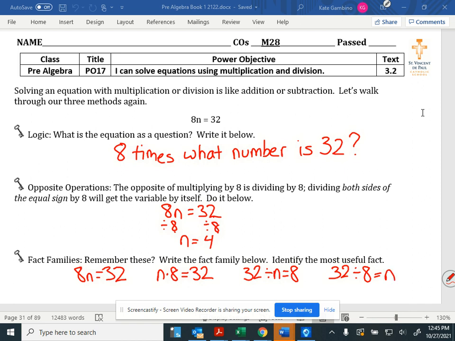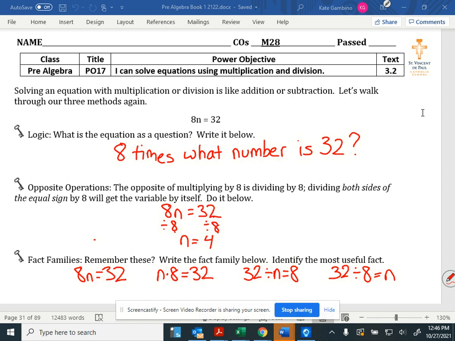Which one is going to be the most useful for us, Colin? Probably the last one, 32 divided by 8 equals n. N is already on its own. It's by itself. So we can just solve it because the n is alone. So using that fact family can help us get to where we need to be.